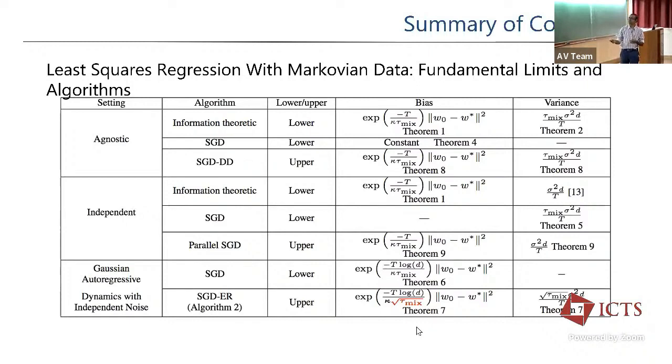But if you run something like a parallel SGD where you're keeping multiple versions of SGD, then we are able to get the correct variance term. And finally, if you're willing to make some more assumption, like Gaussian autoregressive data with independent noise, in that case, what we show is that SGD with experience replay is able to achieve faster rates, both in terms of variance as well as bias.